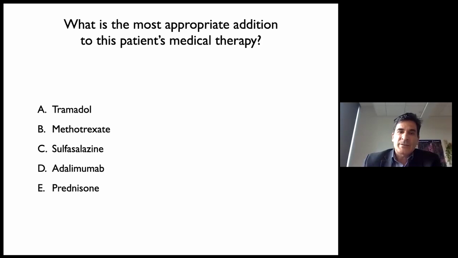And the correct answer is D, adalimumab, which is a TNF inhibitor. And that would be the next step in treating this patient. Ankylosing spondylitis is an inflammatory disease and therefore requires treatment with anti-inflammatory medication and not pain medications such as tramadol.